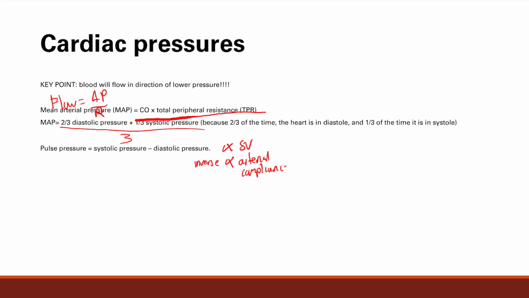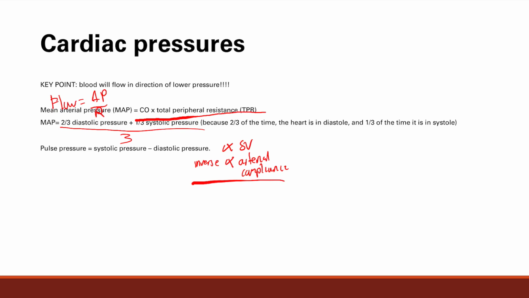Because the higher the compliance, the less the diastolic pressure will decrease after systole. It keeps that energy better. It's like a spring. It keeps all that energy, and the diastolic pressure will remain similar to the systolic pressure. Now, if you can remember these two, you can predict how different pathologies will affect the pulse pressure.